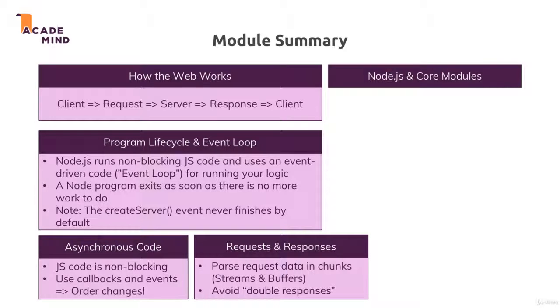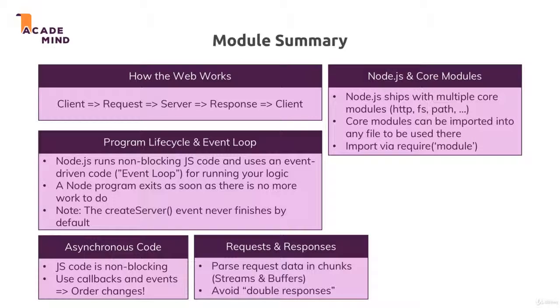We also learned that Node.js is all about using its built-in functionalities. And whilst there are some global variables or objects or functions we can use, this also means that we should use its core modules. Core modules are things like the HTTP, the FS, or the path module. There are more, and you can learn all about them in the official Node.js docs, of course. We'll also use quite a lot of them throughout this course.